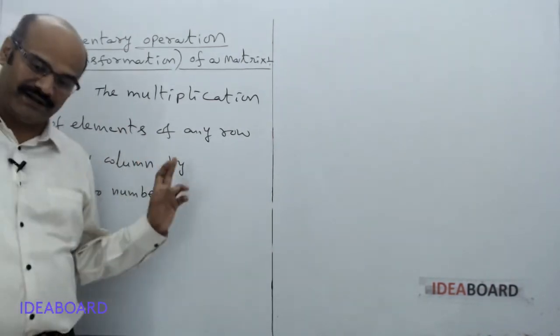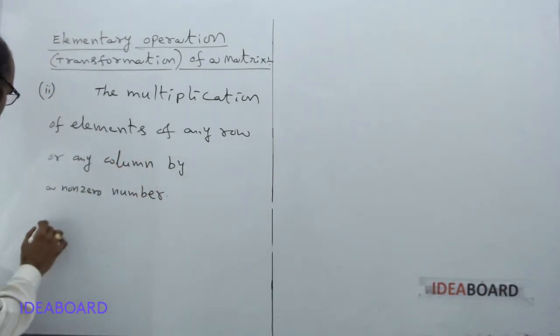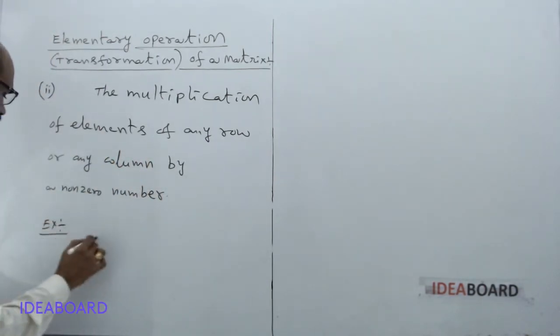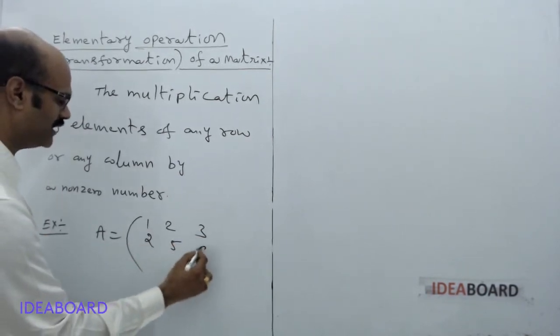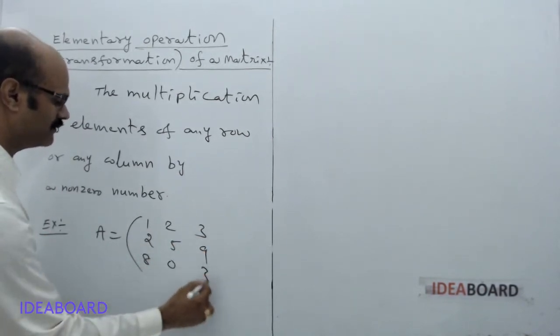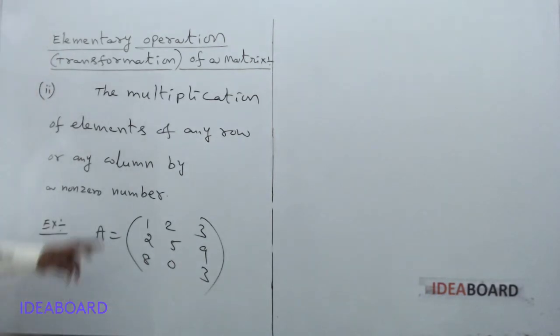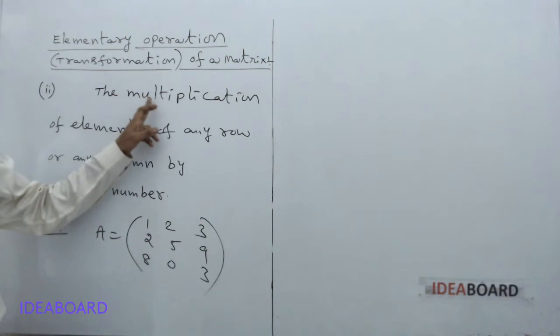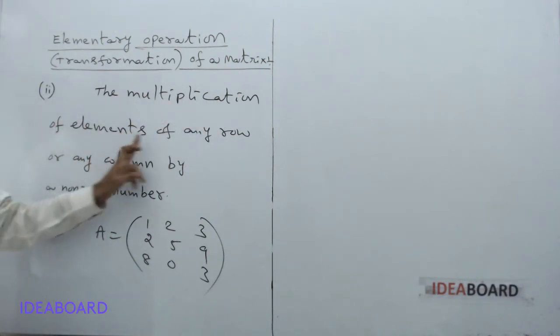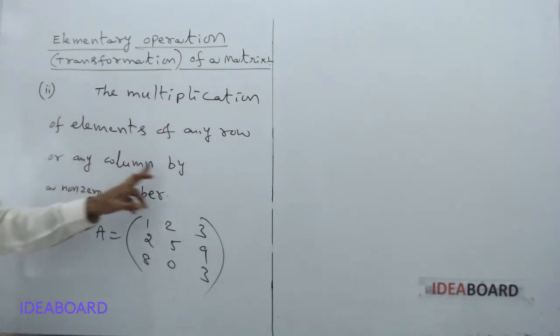If you take any matrix, let me take A as a matrix here, A equal to 1, 2, 3, 2, 5, 9, 8, 0, 3.